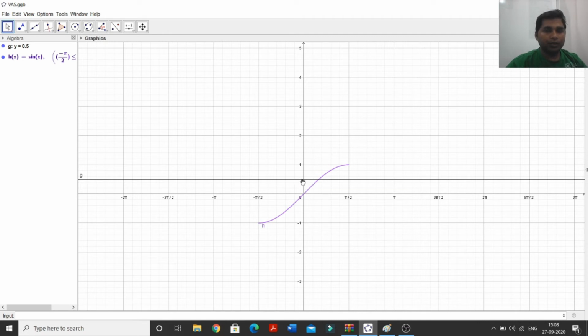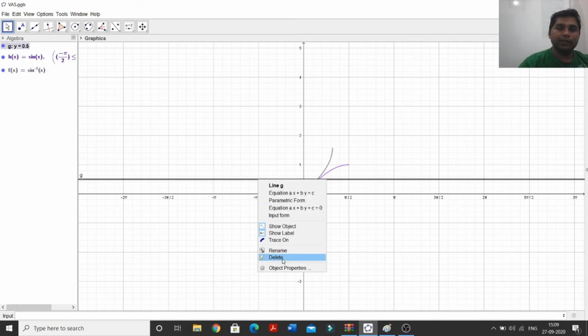Okay, so I'm going to sketch the graph of sin inverse x, and you will see that it follows all the properties of sin x. See, this is the graph of sin inverse x.